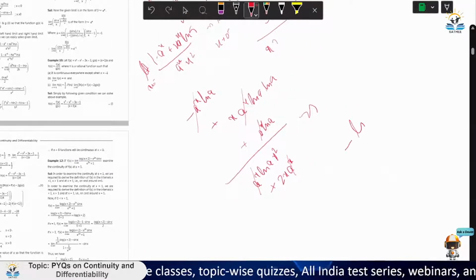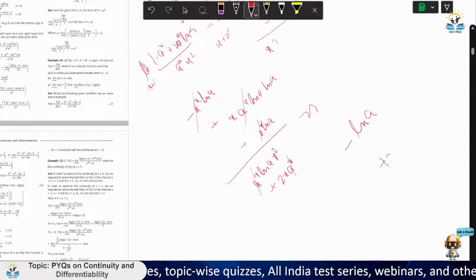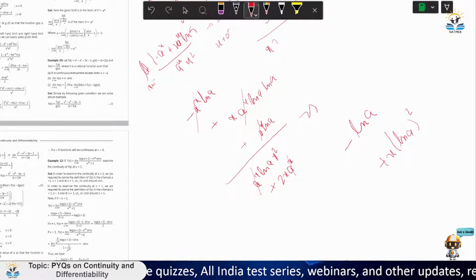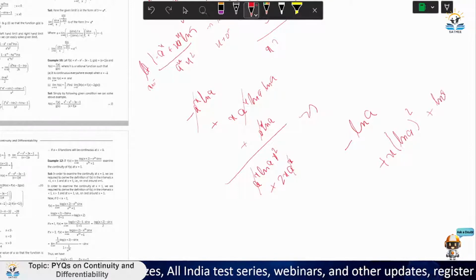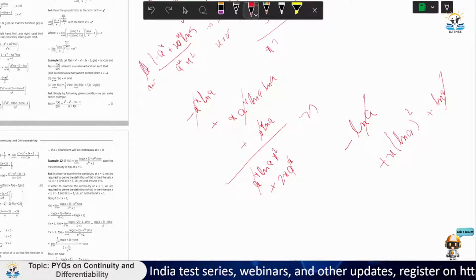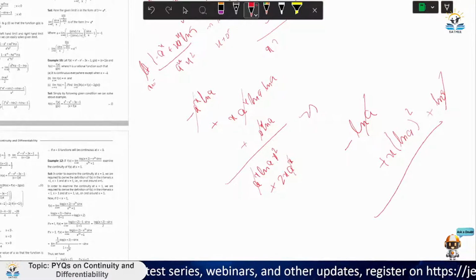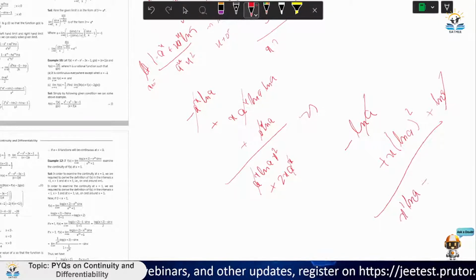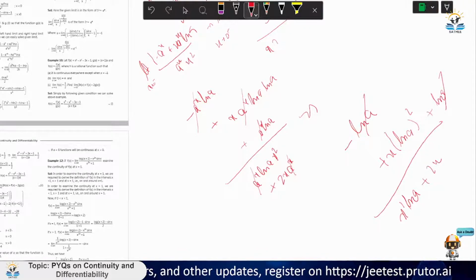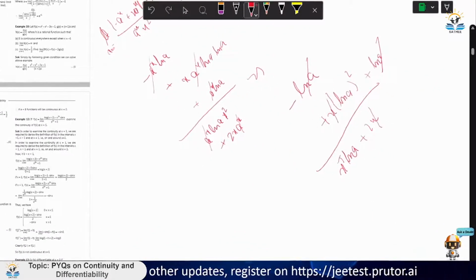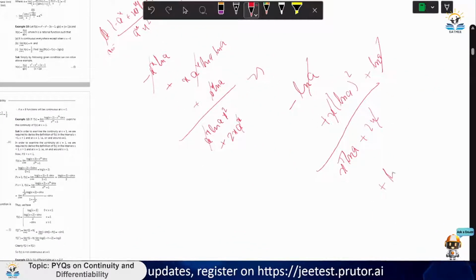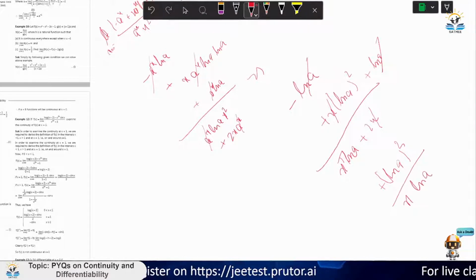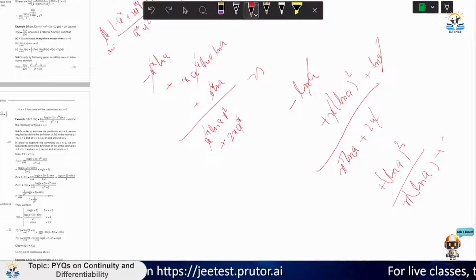So minus ln a plus x times ln a's whole square plus ln a. So this and this get cancelled, and I'm left with x squared ln a plus 2x. So 1x would be cancelled, and I'm left with ln a's whole square upon x ln a plus 2.